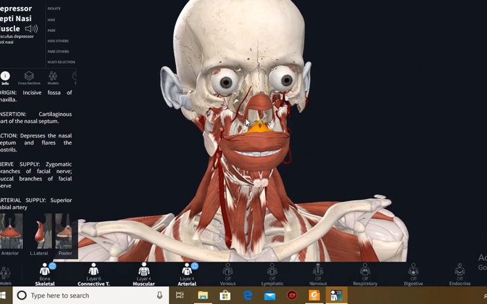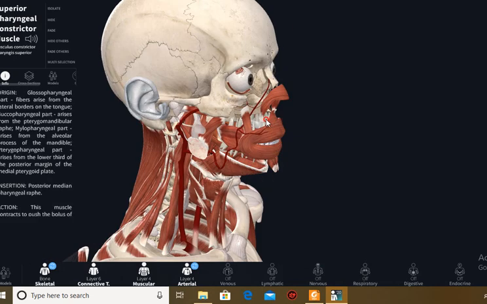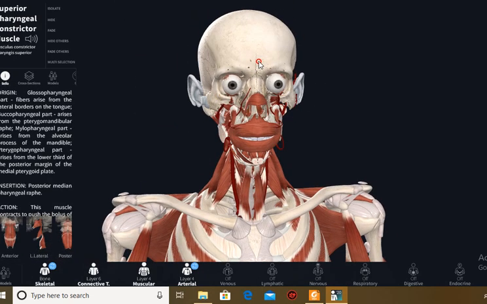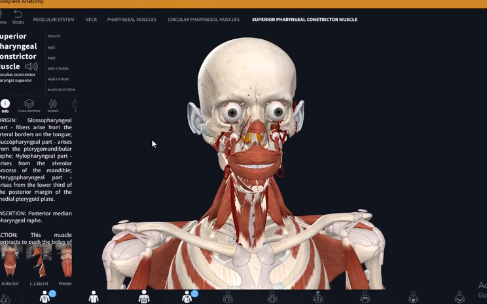If we can visualize posteriorly there, we are supposed to find two other muscles, the levator palatini muscle and the tensor palatini muscle.